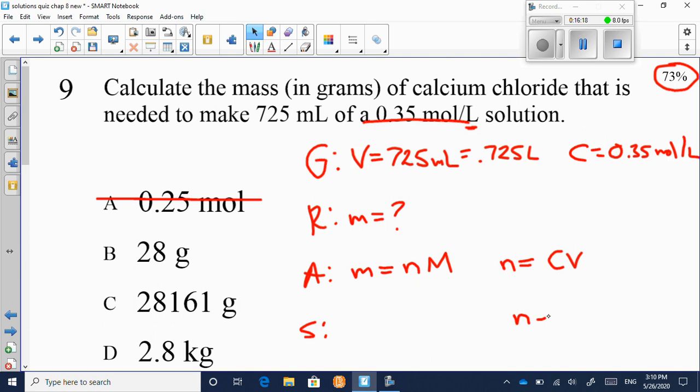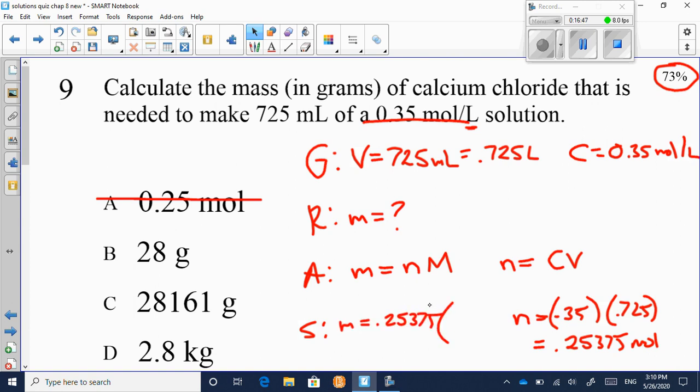So N is equal to 0.35, which is the concentration, times the volume, 0.725. So here we go, 0.35 times 0.725, and I get 0.25375 moles.